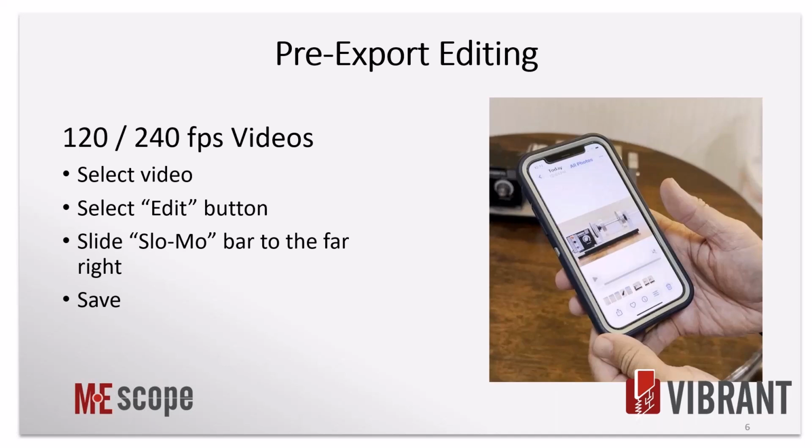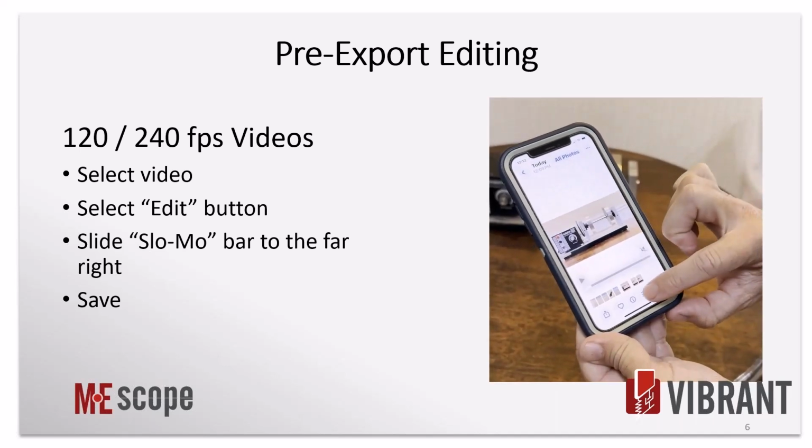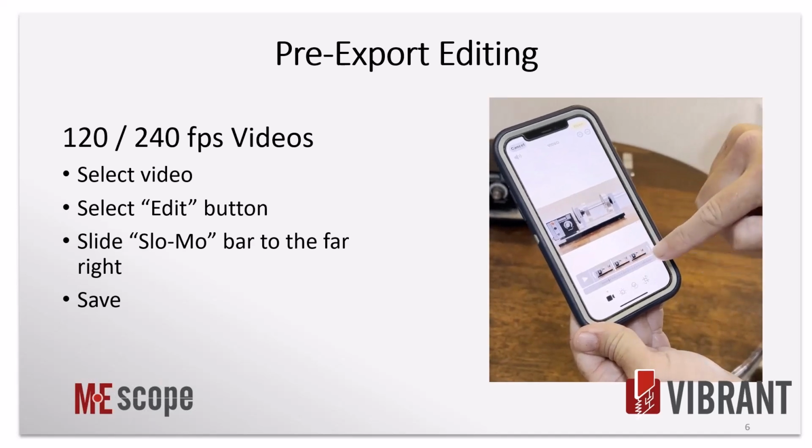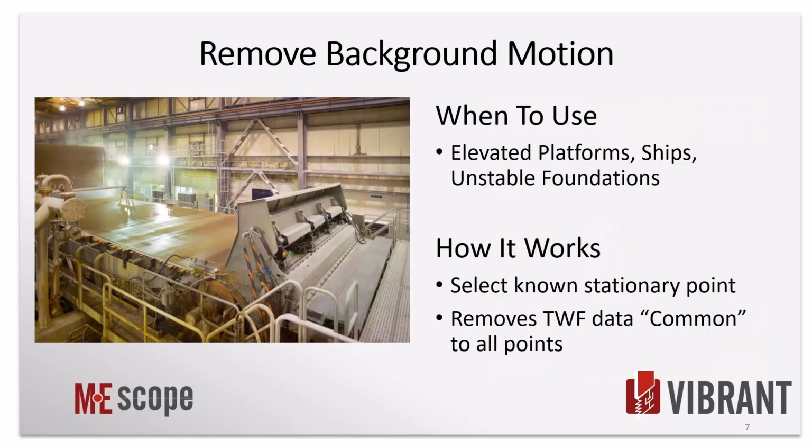Essentially you take the video on your phone, you hit edit. There's a slider bar in the middle, so you can adjust the amount of slow-mo section. I slide that slider bar all the way to the right, save your video, and then you just have a normal playback speed video of 120 or 240 FPS. And again, we went through it last time, so we'll skip that.